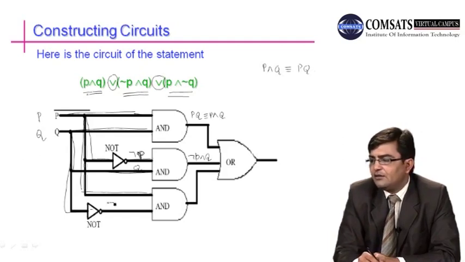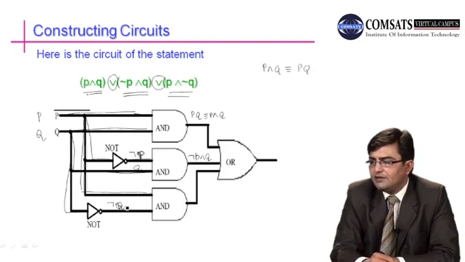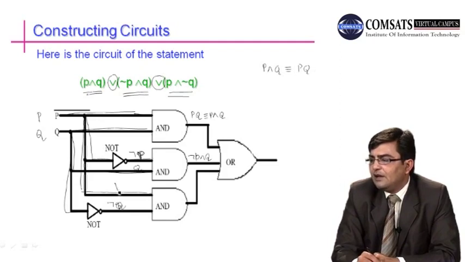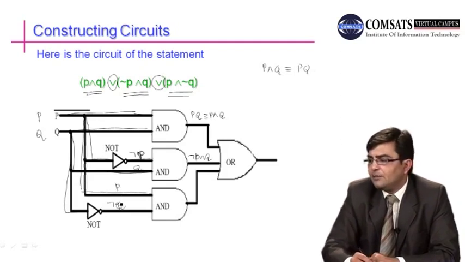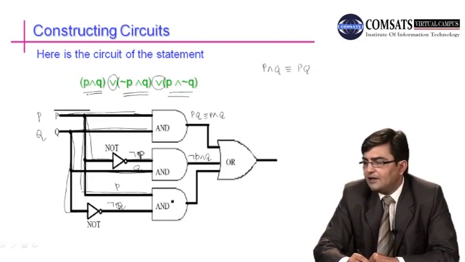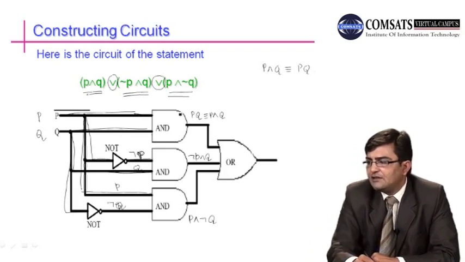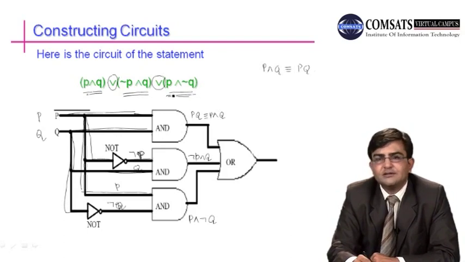Therefore we have here not Q, or not capital Q, as we have written here capital Q. Now the input here is P and the input here is not Q, and we apply an AND operator here, whose output is P and not Q, which represents the third bracket or third expression.